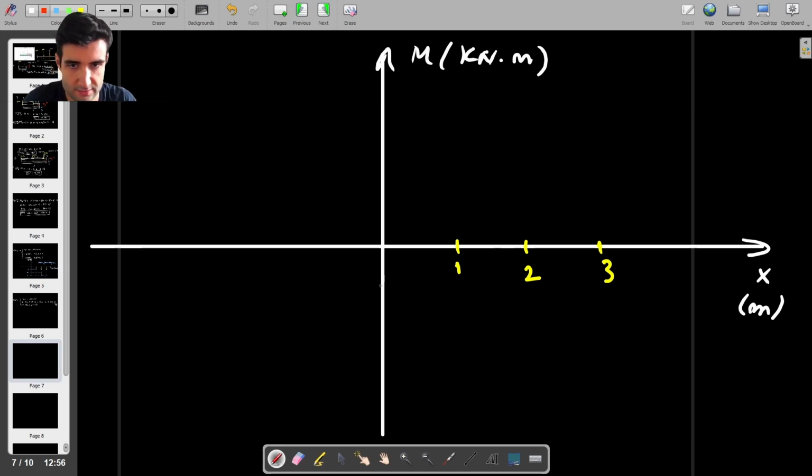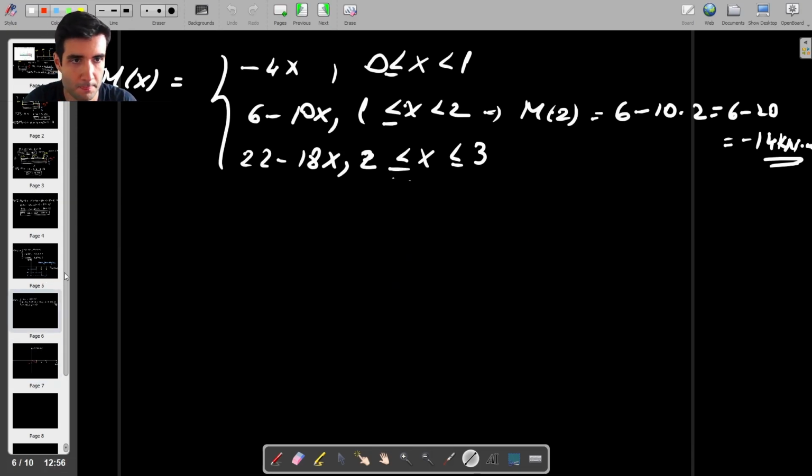Okay, so we have -4 being somewhere here. So the first part of the graph is just a straight line going down from 0 to -4. Then we have -14 as the next point on the y-axis.